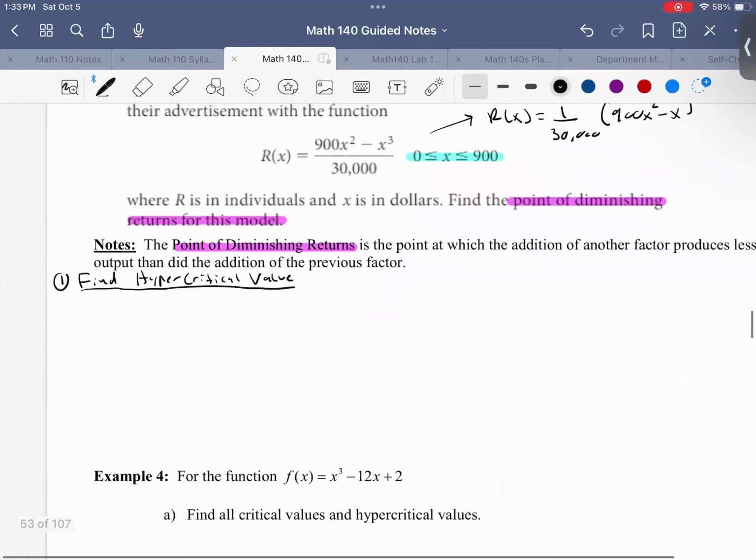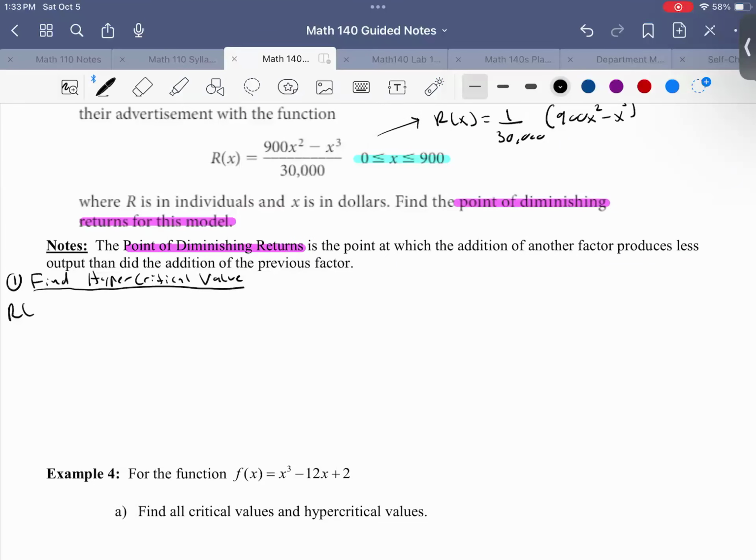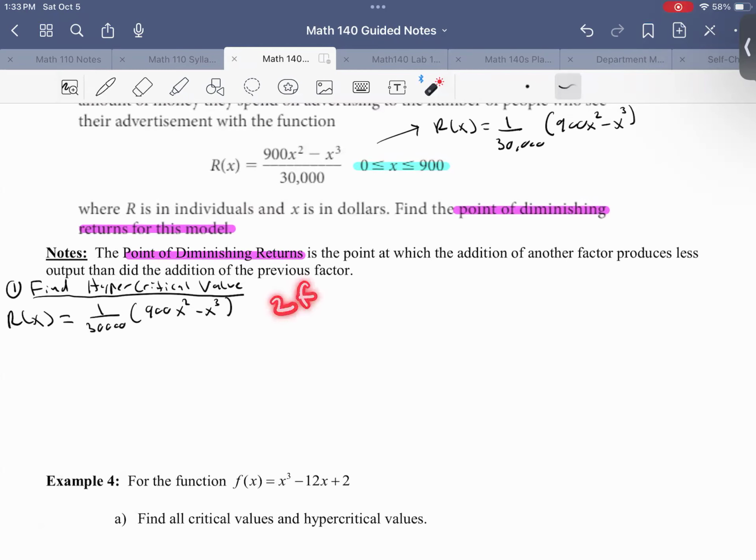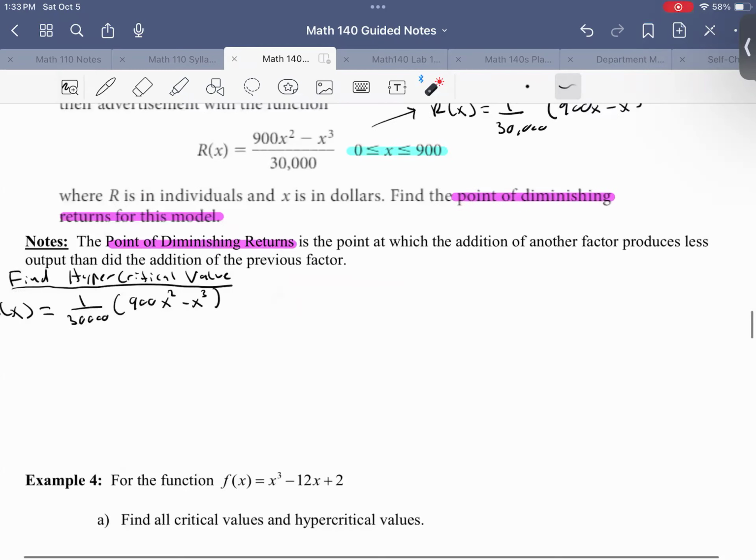So I have R of x equals 1 over 30,000 times 900x squared minus x cubed, right? And I want to get my hypercritical value, meaning I need to find a second derivative and set that equal to 0. So let's get that second derivative.